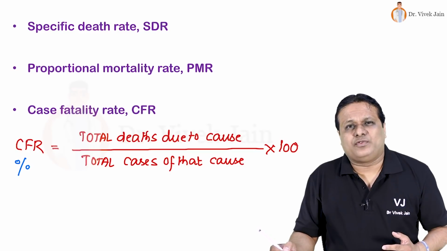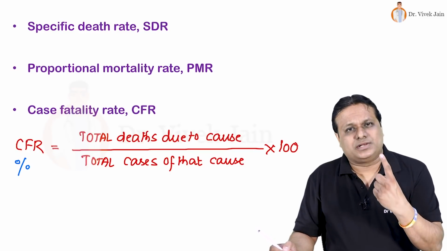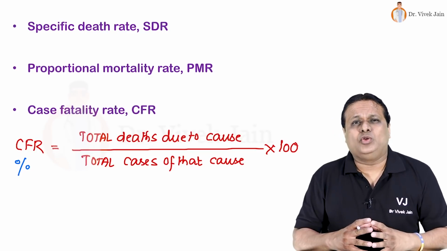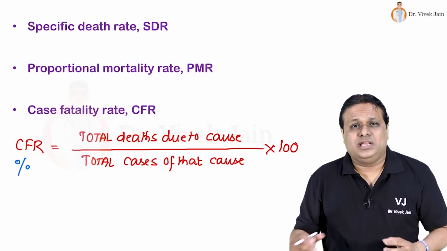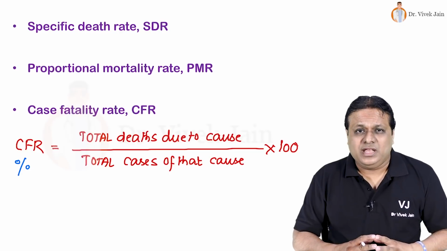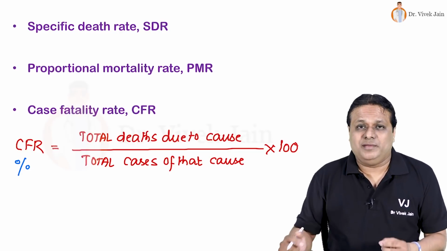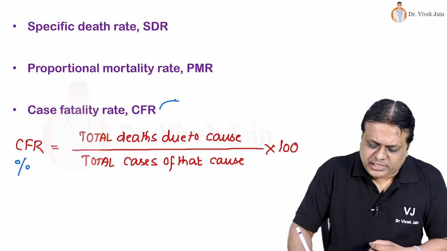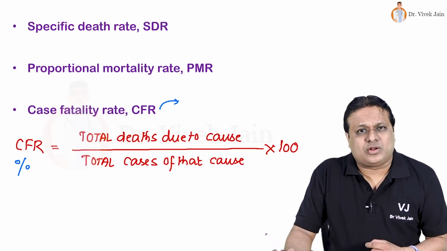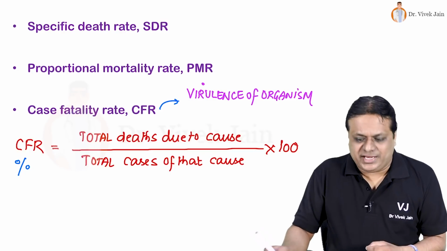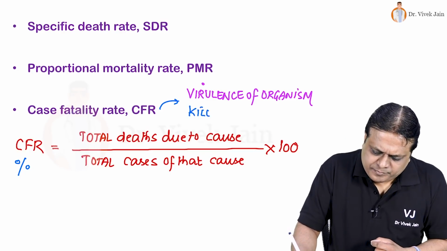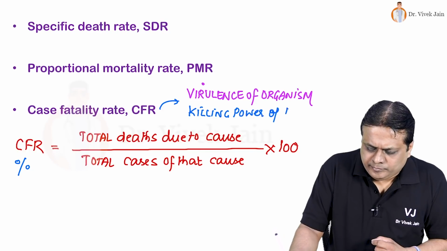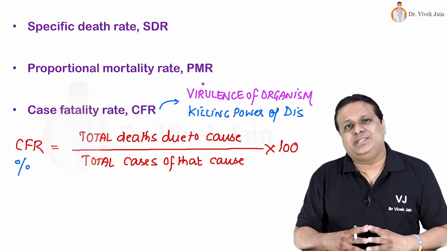Case fatality rate for a disease like chickenpox is just 1%. For a disease like measles it is around 3%. But when you look at a disease like Japanese encephalitis, it goes up to 35%, and for the most fatal disease, rabies, it approaches close to 100%. So case fatality rate is actually a measure of virulence of the organism as well as killing power of the disease.